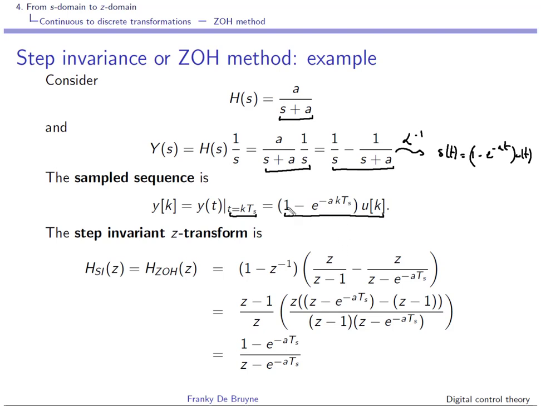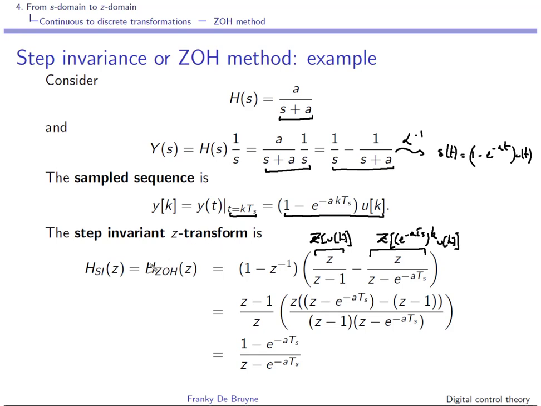Okay, so the z transform of u[k] is this one, a step, and this is here with the minus sign over here, the z transform of the signal e to the minus a Ts to the power k u[k], right?